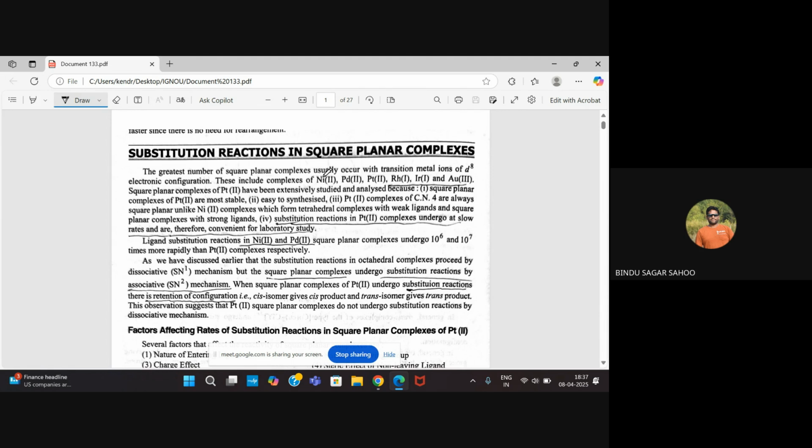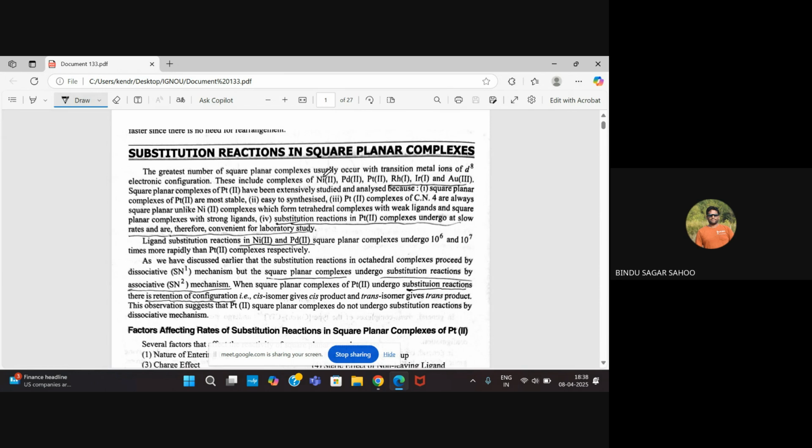Between tetrahedral and square planar complexes, the square planar complex has larger crystal field stabilization energy. That means in square planar complexes, the metal-ligand binding tendency is very high. So the ligands may closely occupy their positions, but they are tightly bound with the metal.